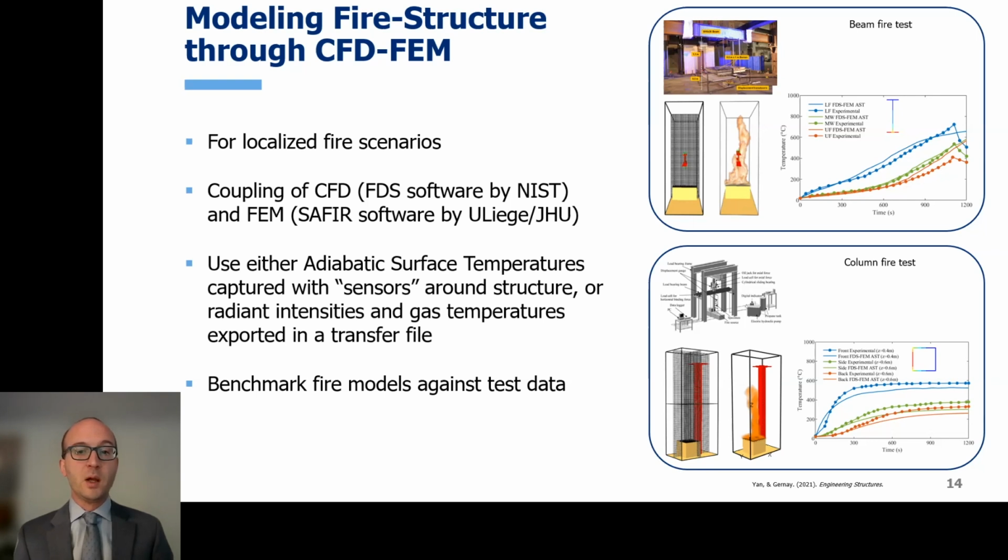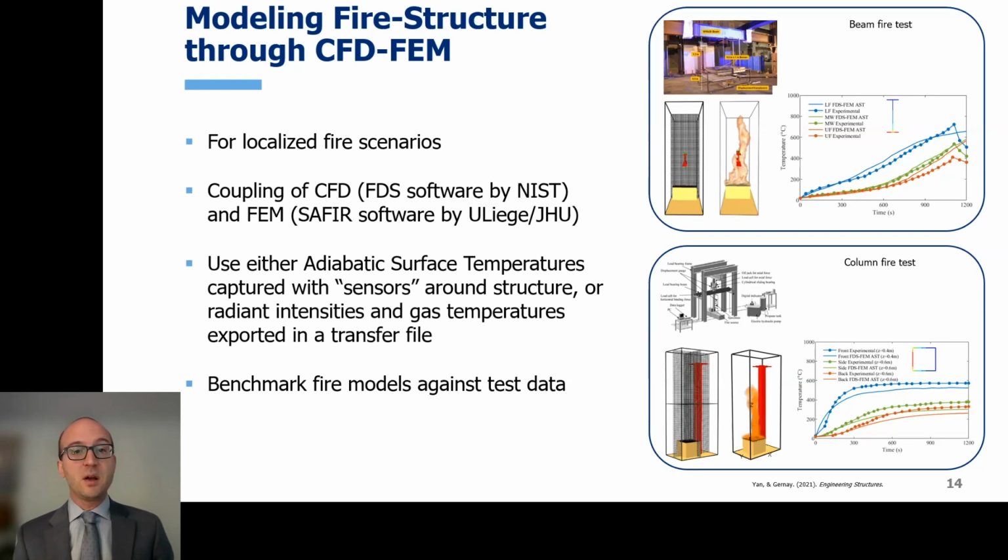Models for localized fires are complex because the thermal exposure conditions heavily vary with the position in the room, in addition to being transient. So one way to model these fires is with computational fluid dynamics.